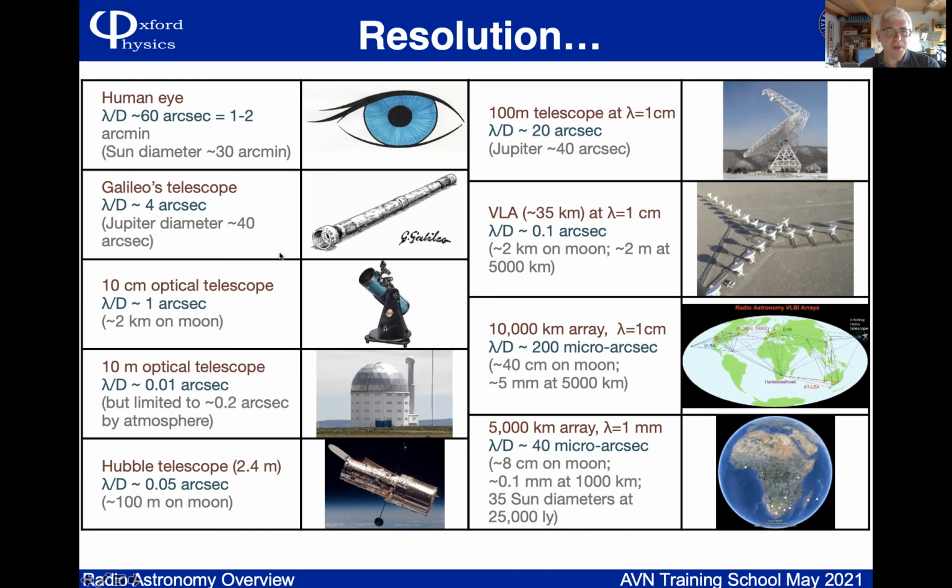Going up to a small telescope, that's the equivalent of a big array like the VLA, a big optical telescope, or a diffraction limited, fairly big optical telescope like the Hubble telescope, is then comparable in resolution to international VLBI networks or global VLBI networks.